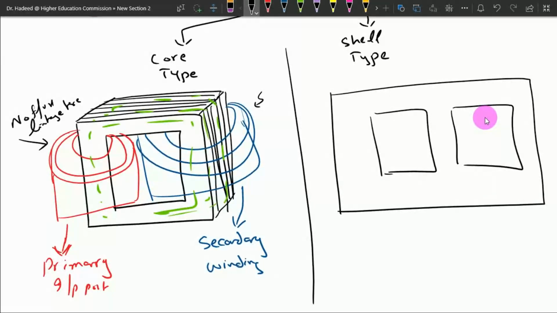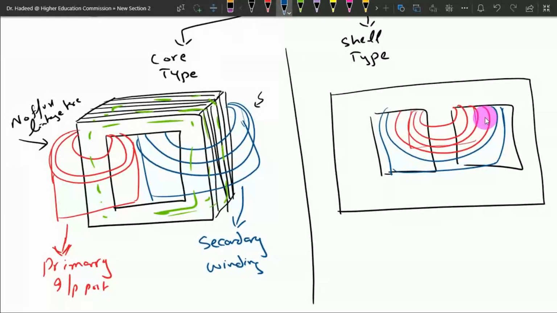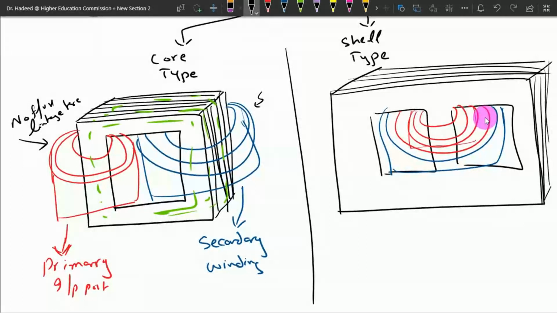Here we have the primary winding, right, and over that we wrap the secondary winding. Again, the common point here is that for both transformers we have laminated sheets to reduce the eddy currents in a given core.